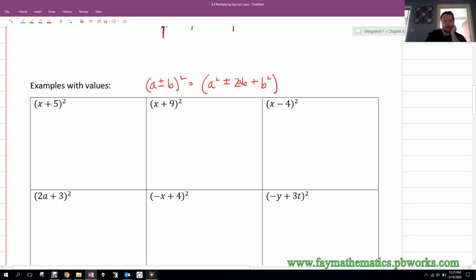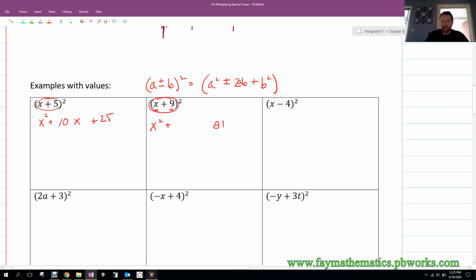Okay, so when I square this, so square the x, square the 5. Okay. Now you're going to multiply those together, so it gives you 5x, and then you double 5x. So 5x doubled is 10x. Same thing here. Square that one, gives you x squared. Square that one, gives you 81.